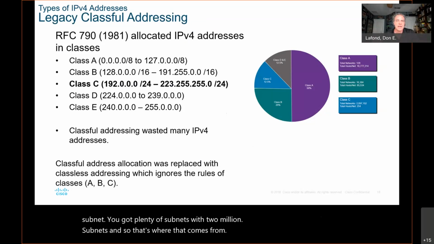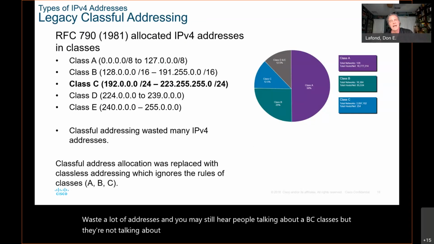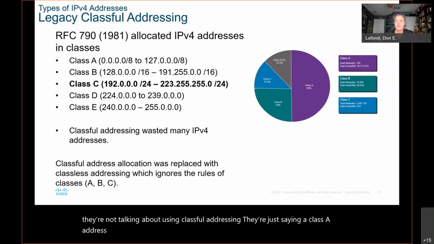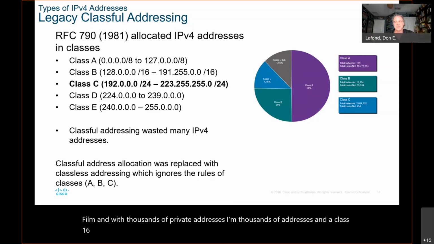It wastes a lot of addresses. And you may still hear people talking about A, B, and C classes, but they're not talking about using classful addressing. They're just saying a class A address is in that /8 realm, a class B is a /16, and so on.